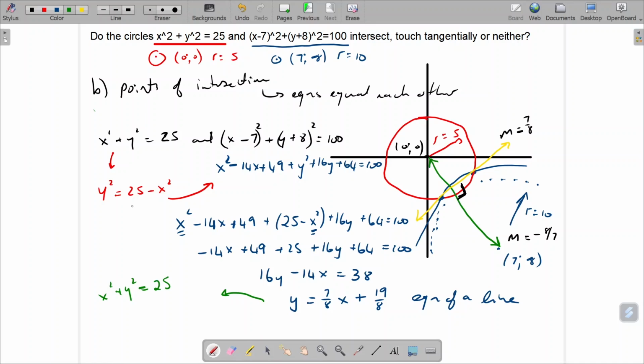I'm not going to go through that right now, but what we now have is something along the lines of x squared plus (7 over 8 x plus 19 over 8) squared equals 25, and we would have to work with those fractions and follow through. And again, it would not surprise us that we got two answers, one for the one point of intersection and one for the other.